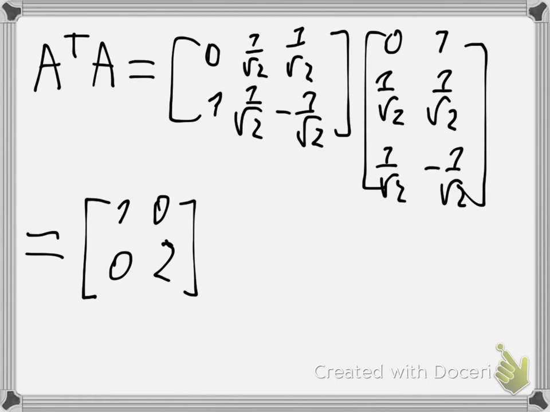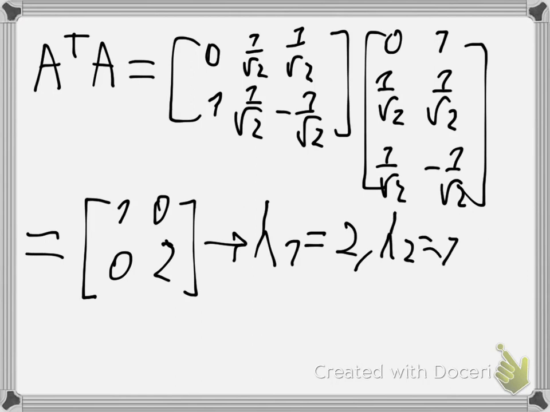Now I will find the eigenvalues, and so here we have a diagonal matrix. So you can already see that the eigenvalues are 1 and 2. Remember, the eigenvalues of a diagonal matrix are the entries on the diagonal. I will say that lambda 1 is equal to 2 and lambda 2 is equal to 1. Why?